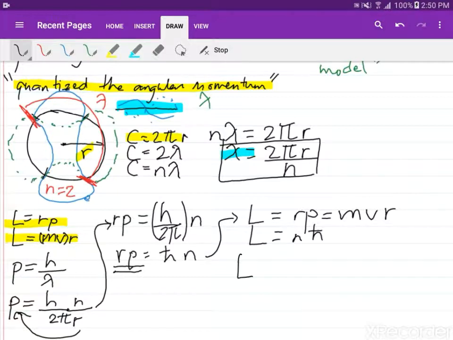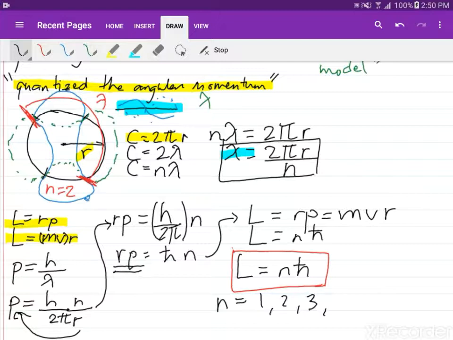Okay, so this is the quantized angular momentum. So it is quantized from n equals 1, 2, 3, and so on. So later on, we will see how the orbit of the electron will be quantized from this statement.